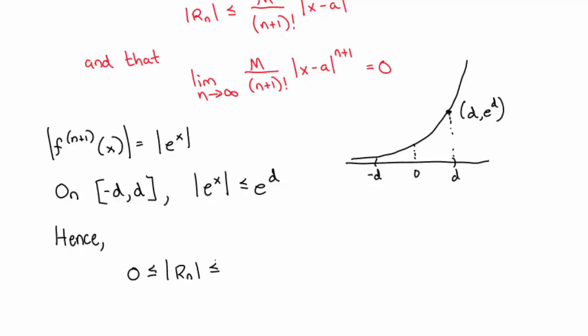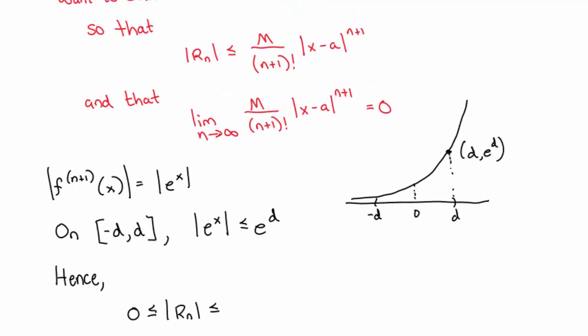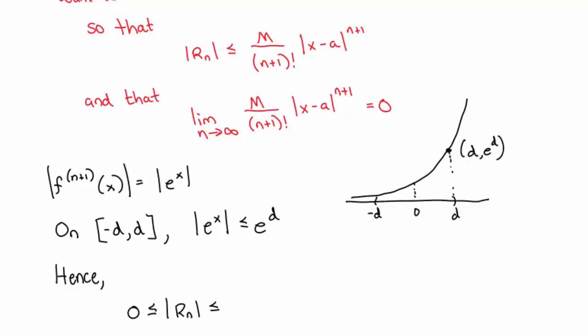But it's also less than or equal to, according to this statement here, e to the d divided by the quantity n plus 1 factorial times the absolute value of x minus 0 to the n plus first power. Okay, great. We have that so far.